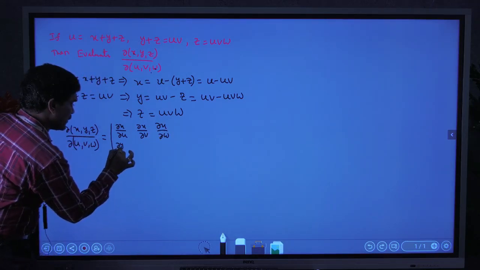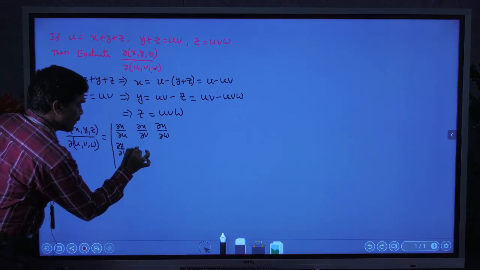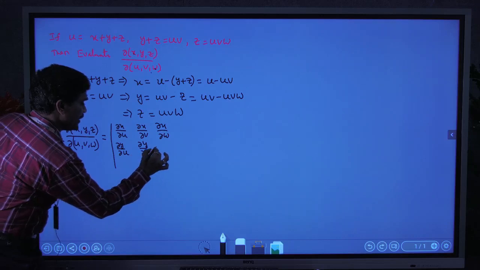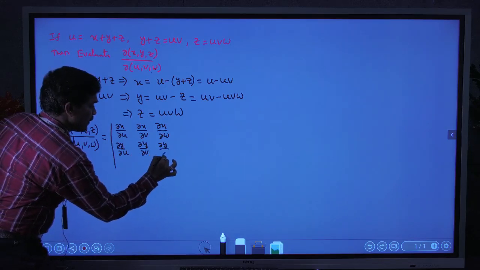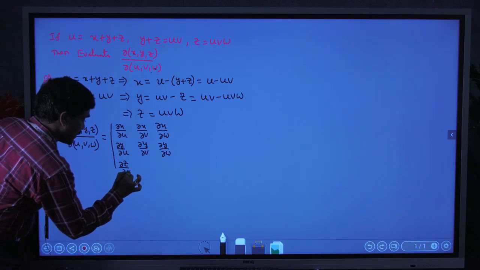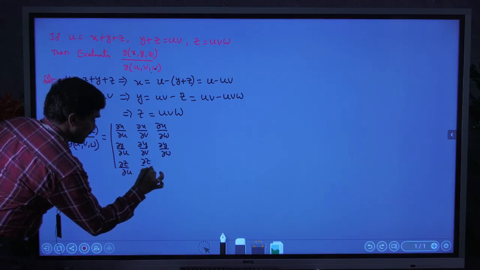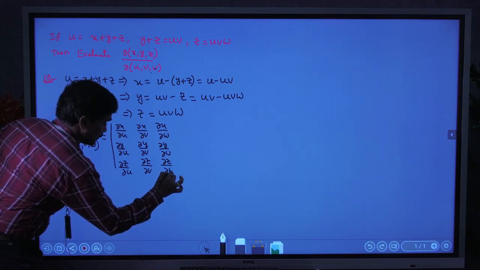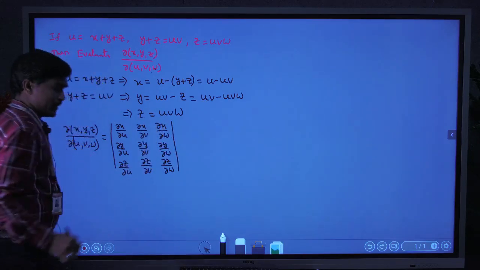Next similarly ∂y/∂u, ∂y/∂v, ∂y/∂w. Then for z: ∂z/∂u, ∂z/∂v, ∂z/∂w, right? This is the Jacobian.